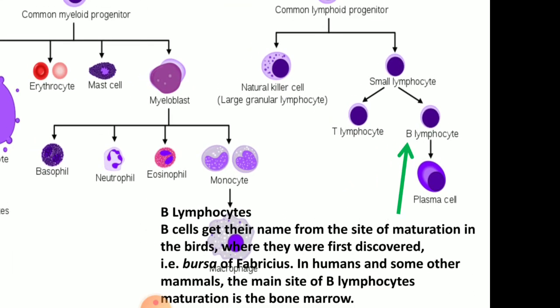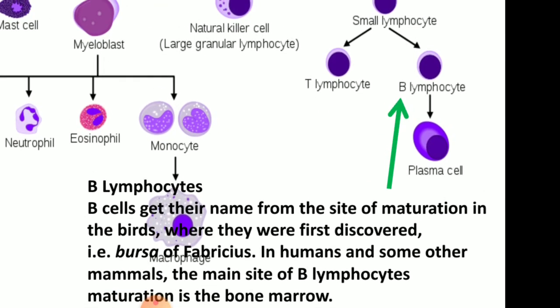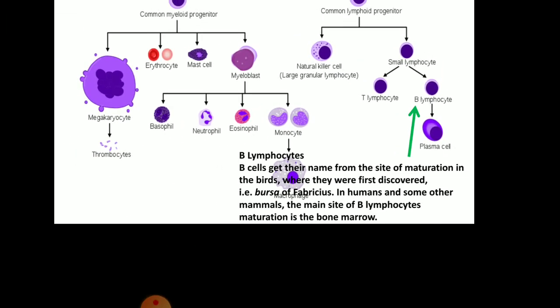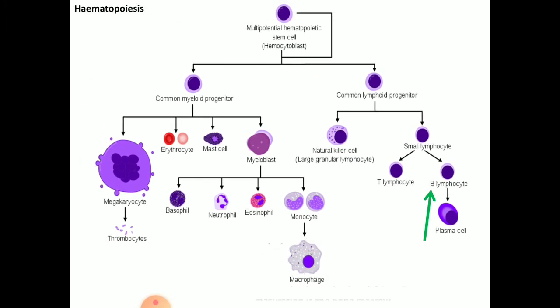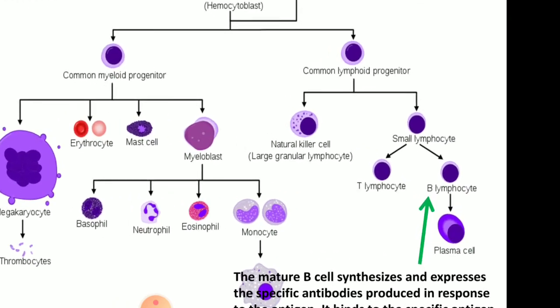The B lymphocytes. The B cells get their name from the site of maturation in birds where they were first discovered, that is the Bursa of Fabricius. So they are called B cells. Whereas in humans and other mammals, the main site of B cell maturation is the bone marrow. The mature B cell synthesizes and expresses specific antibodies produced in response to antigens.